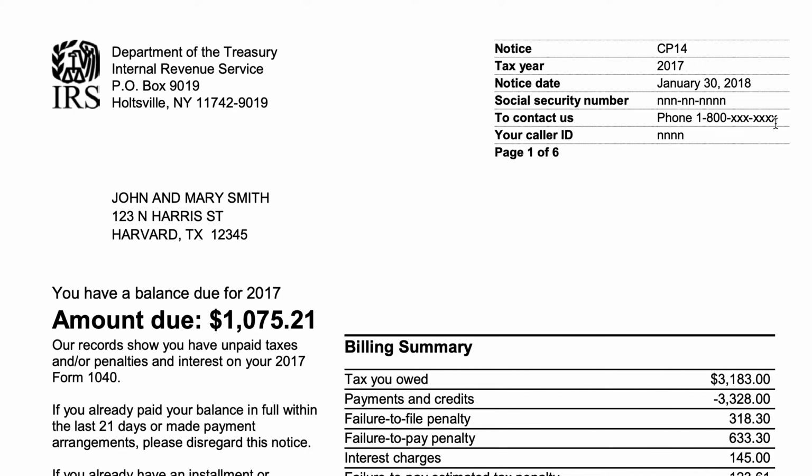That is their entire job, is to collect tax revenue and really put a hard sell on taxpayers to pay as much as they can, even while setting up a payment plan.